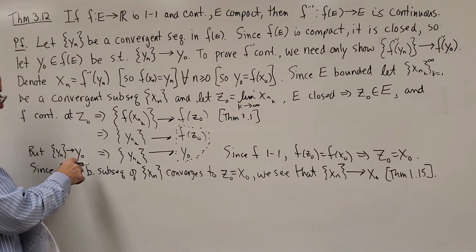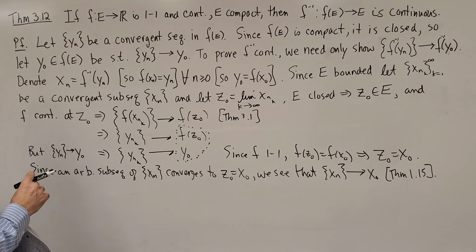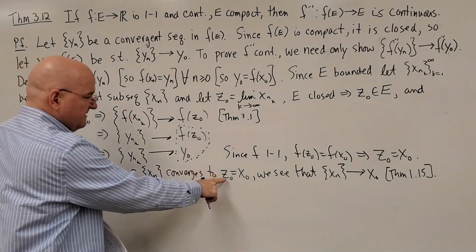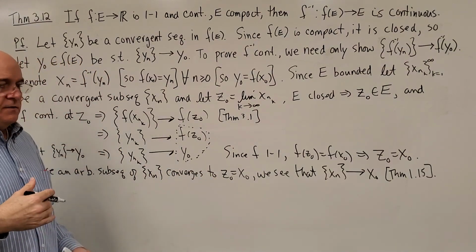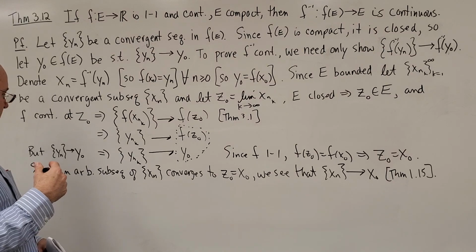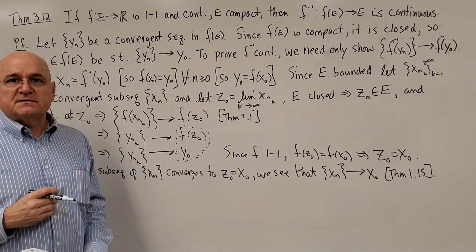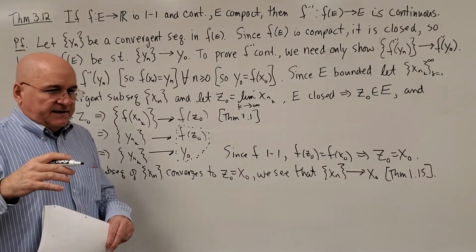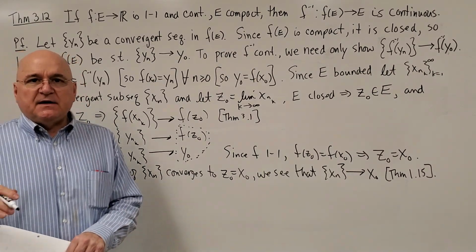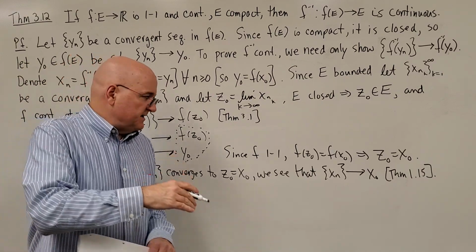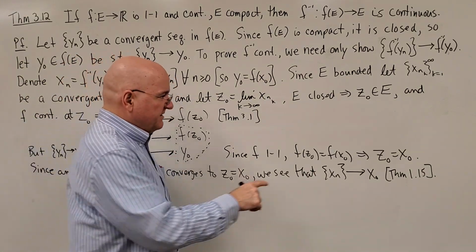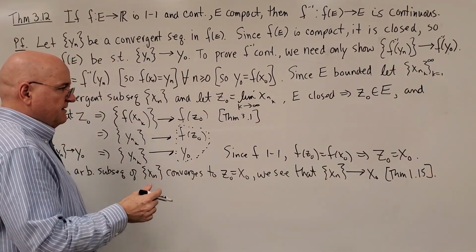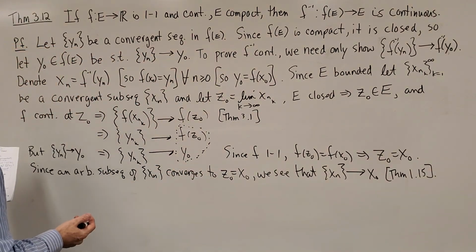If an arbitrarily chosen subsequence converges to this, that means all subsequences will converge to that. It was chosen arbitrarily. If all arbitrary subsequences of a sequence converge to the same point, by theorem 1.15, the sequence is convergent and converges, of course, to the same number.